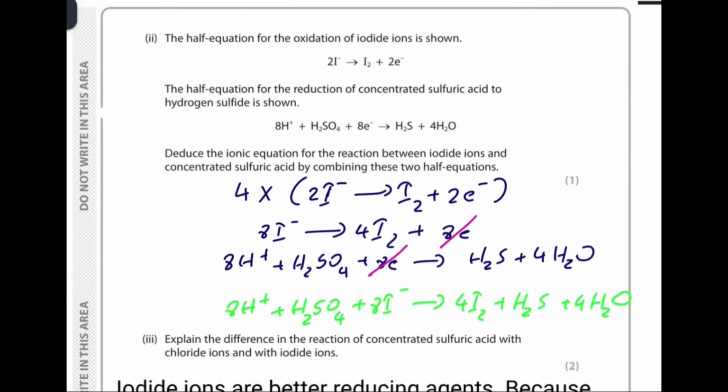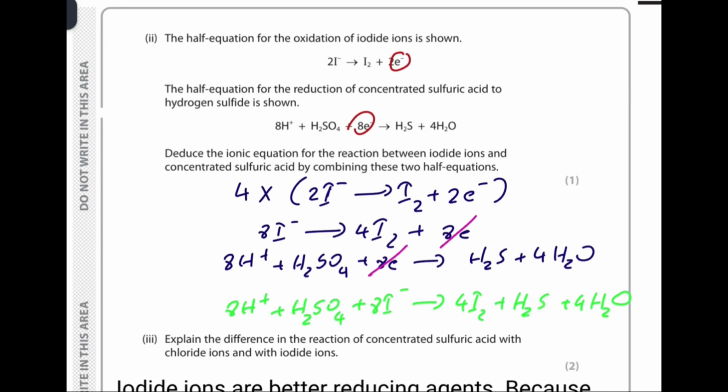Roman number 2, the half equation for the oxidation of iodide ions is shown. The half equation for the reduction of concentrated sulfuric acid to hydrogen sulfide is shown. So they have given two half equations. Deduce the ionic equation for the reaction between iodide and concentrated sulfuric acid by combining these two half equations. To combine the two half equations, we should cancel the number of electrons from these two half equations, right?